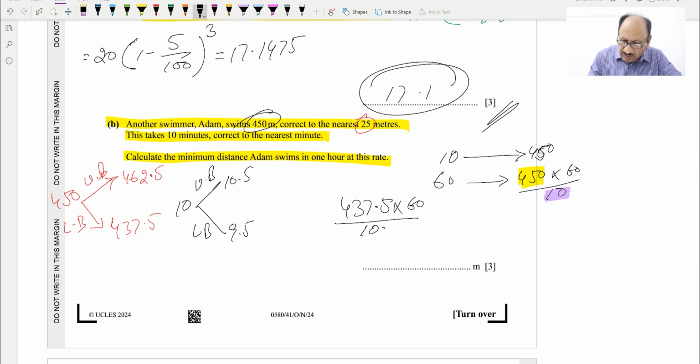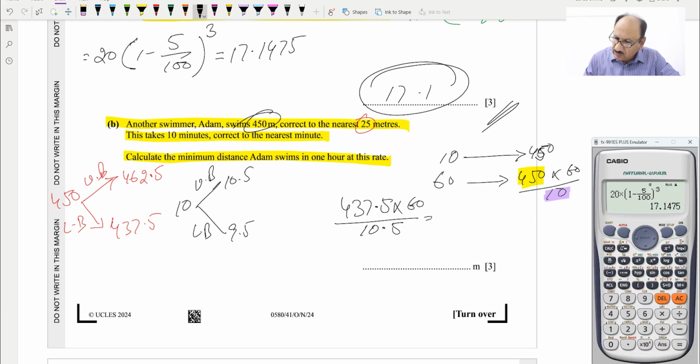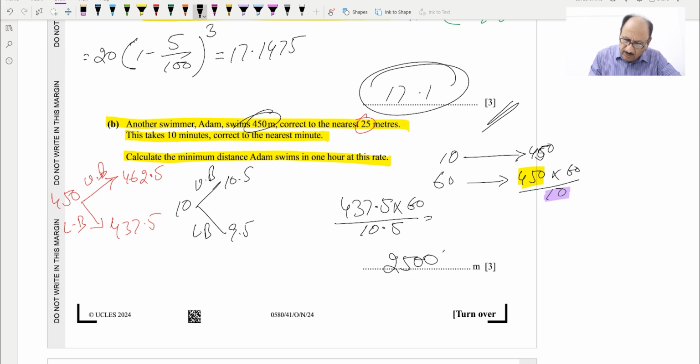So we divide by 10.5. 437.5 multiplied by 60 over 10.5 gives us 2500. This will be the answer for 3 marks.